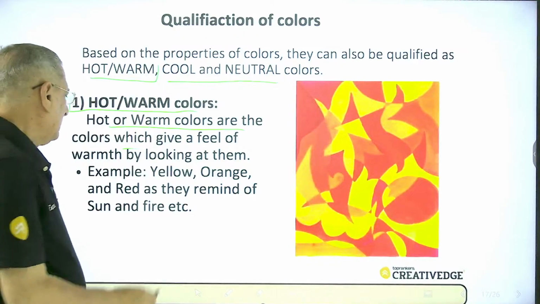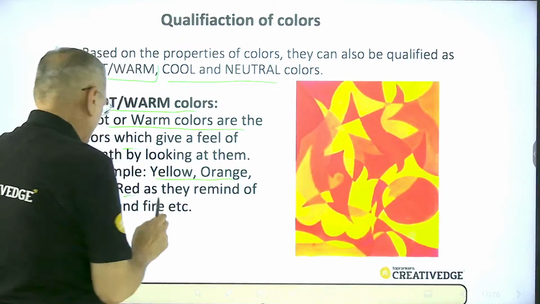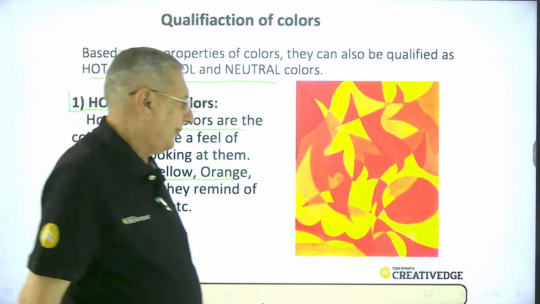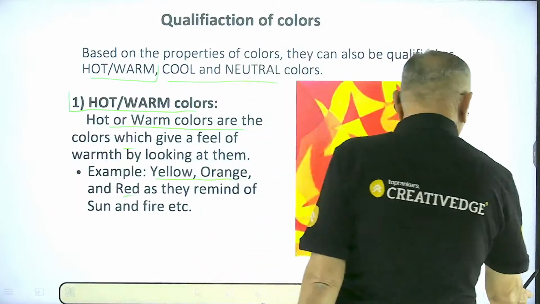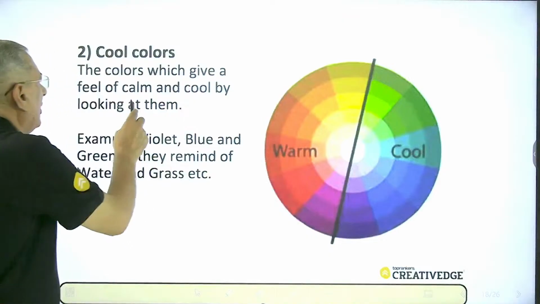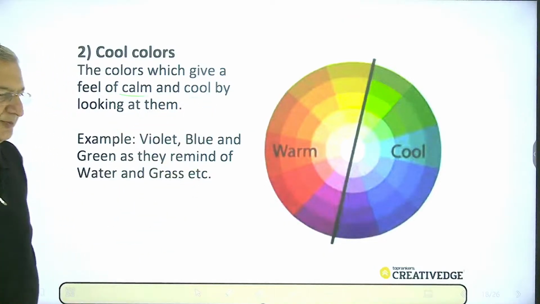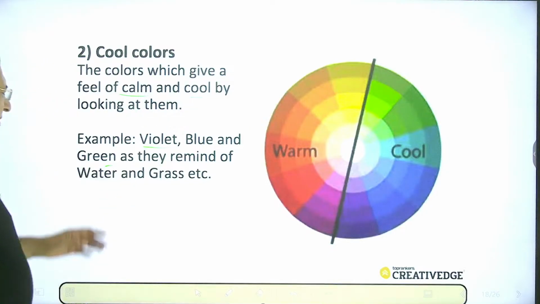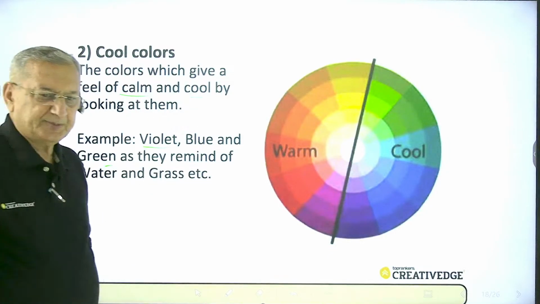Examples are yellow, orange, and red, as they remind of sun and fire. Cool colors similarly give a feel of calm and cool. Violet, blue, and green are cool, as they remind of water and grass.